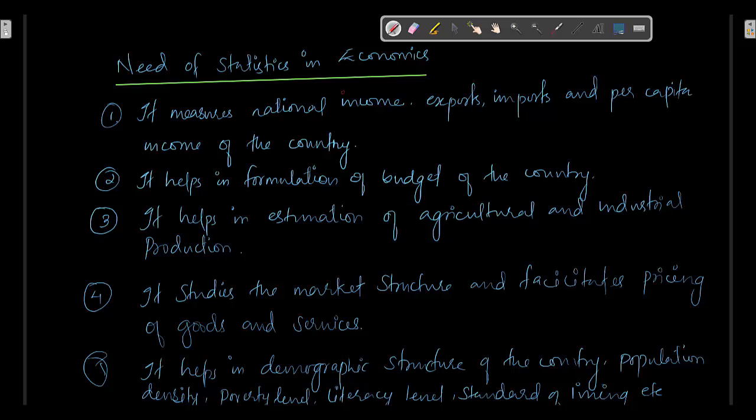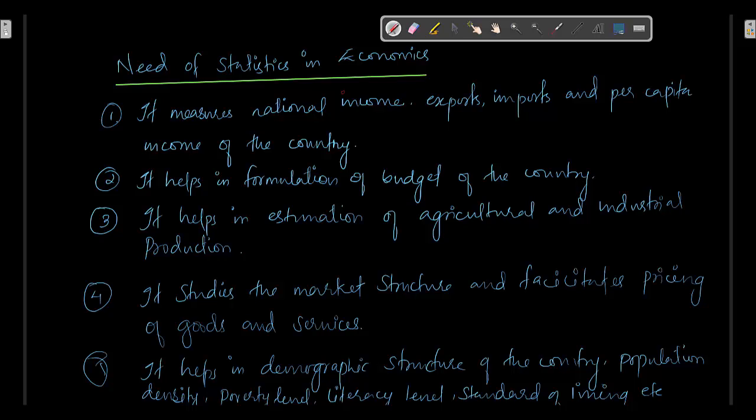Now, it also helps to rate India's position in the world economy. Since statistics deals with all the facts and figures, it helps to position India's economy in the world as well.